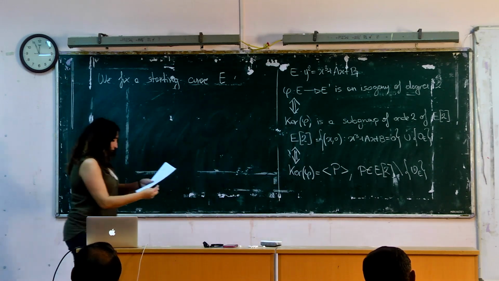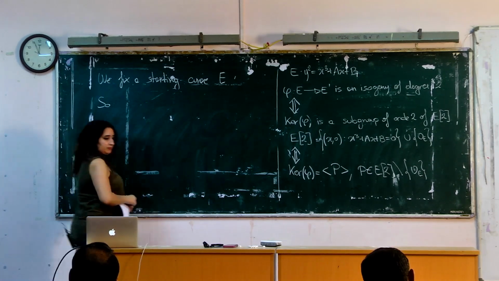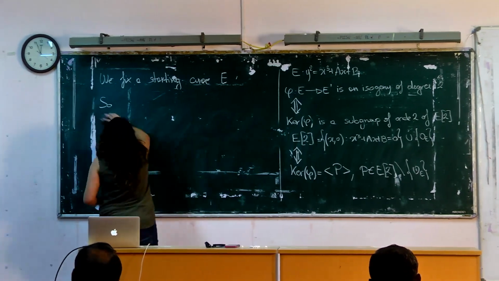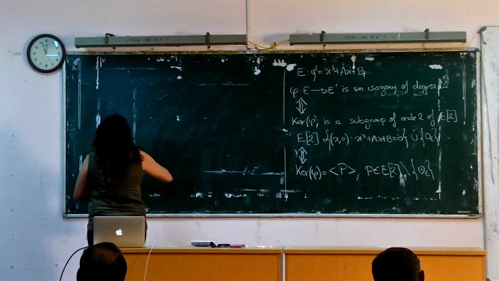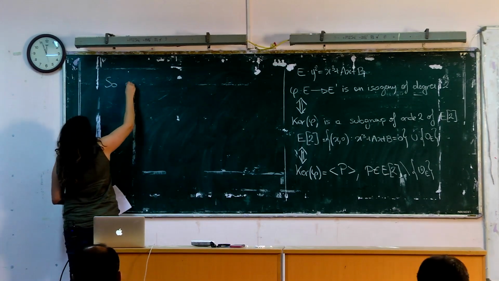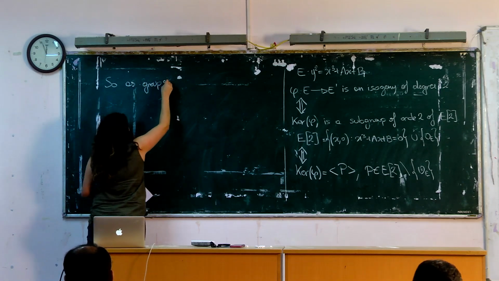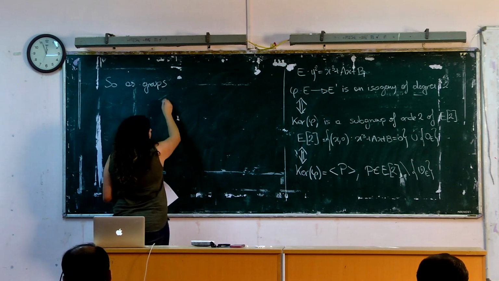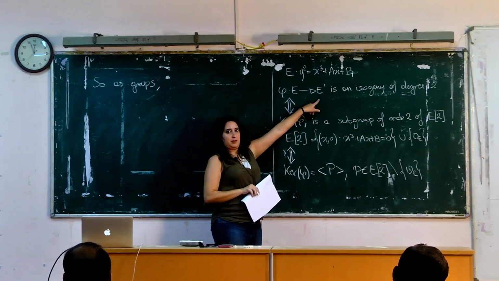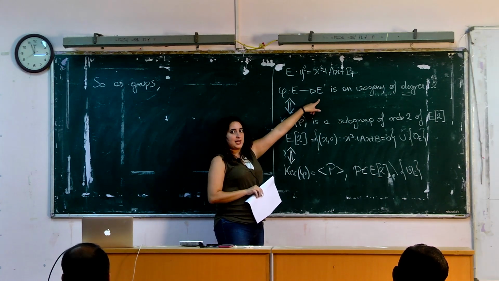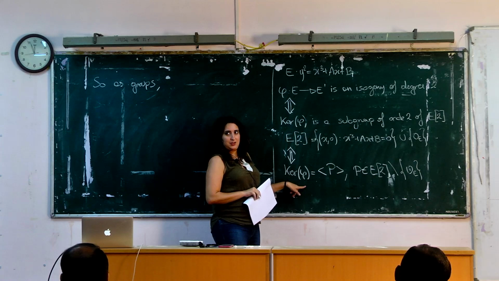Okay. So what does this mean? As groups, remember, this is a surjective homomorphism, right? And for which we know the kernel, okay?